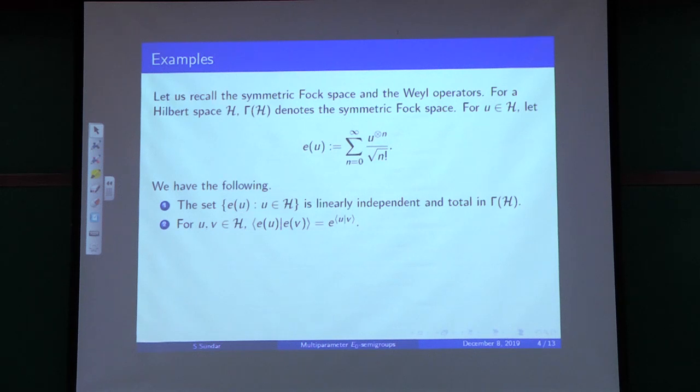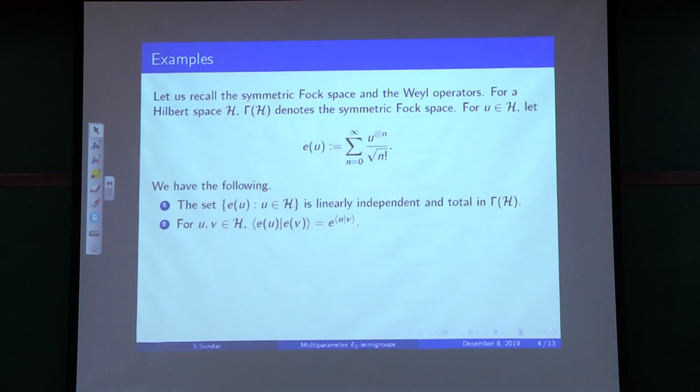The first basic example is what is called the CCR construction using the symmetric Fock space. So let me just recall the basics of symmetric Fock space. H is a Hilbert space and Gamma(H) is the symmetric Fock space, and you have the exponential vectors. They are linearly independent and total, and you have this nice formula that the inner product of two exponentials is again an exponential of the inner product.